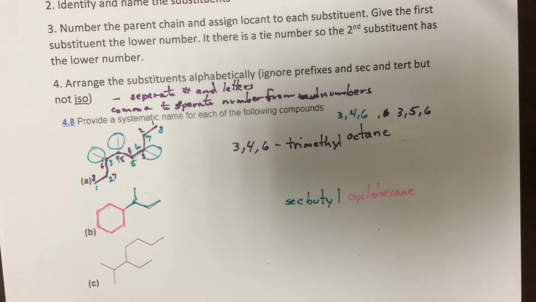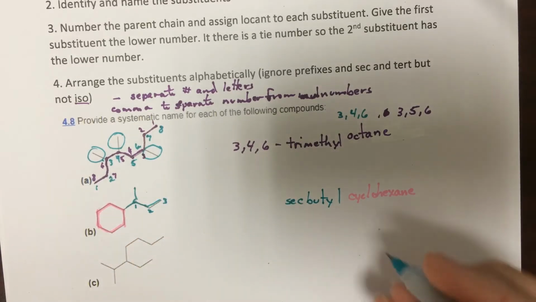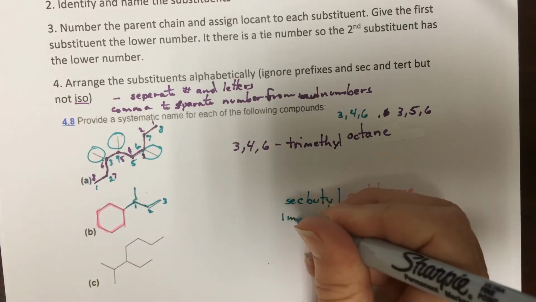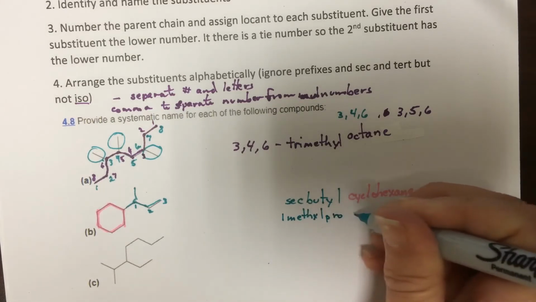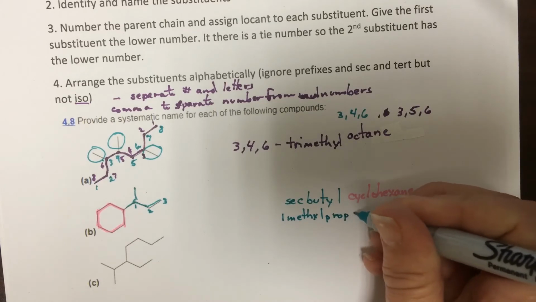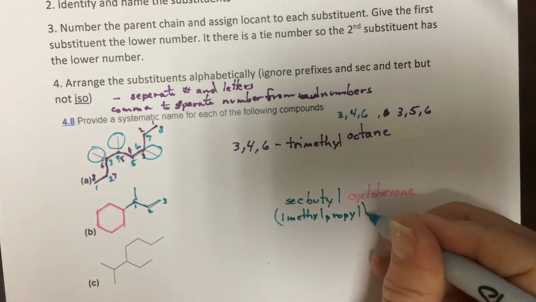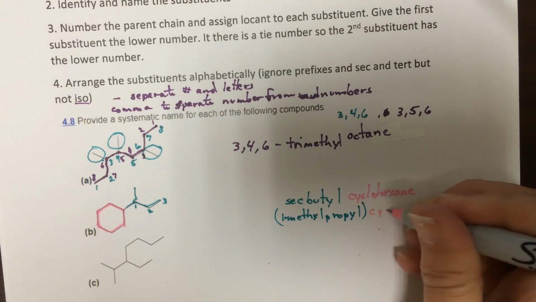If we wanted to give it its official name, we would number this 1, 2, 3, and we'd call this a 1-methylpropyl. We put that in brackets, and there'd be a dash between the 1 and the methyl. Cyclohexane.